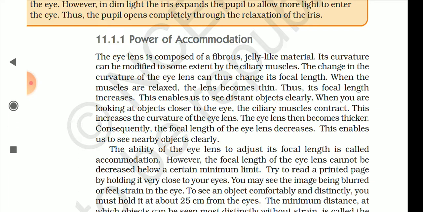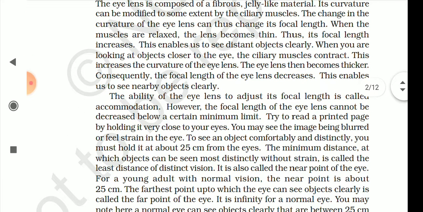This enables us to see distant objects clearly. When the lens is thin, we can see far objects clearly, but when we want to see nearby things clearly, we need to converge our lens.